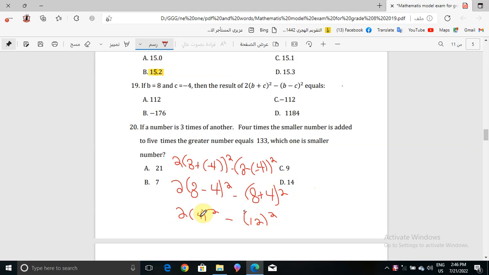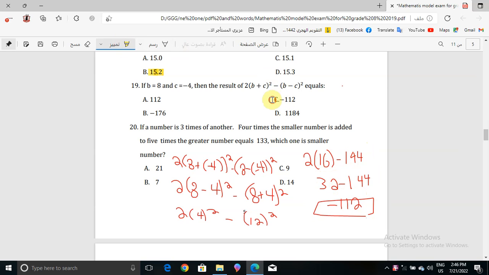Then here 4 squared means 16, so that means 2 times 16 minus 12 squared, which is 144. Then 2 times 16 is 32. 32 minus 144 will be negative 112. So the correct answer for question number 19 will be choice C.